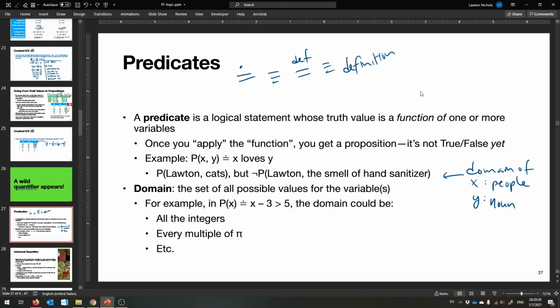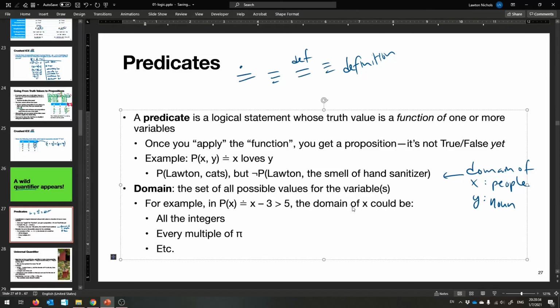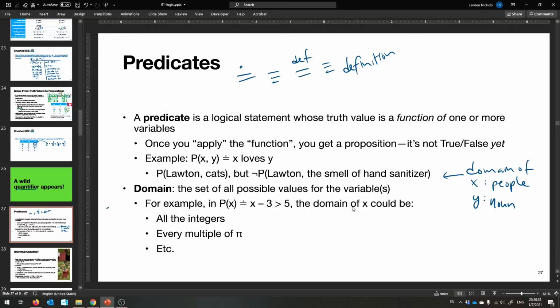You know how to graph that, I'm sure. The domain of X could be all the integers. That's totally fine. You can plug in P of 42, P of 0, and I think one of those is going to be true. You can plug in P of pi if you wanted to, or you can restrict the domain.